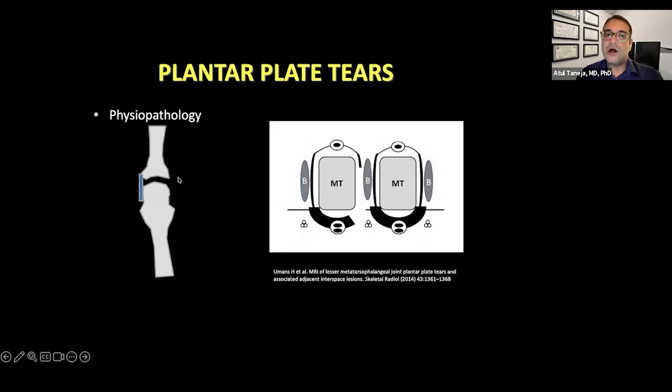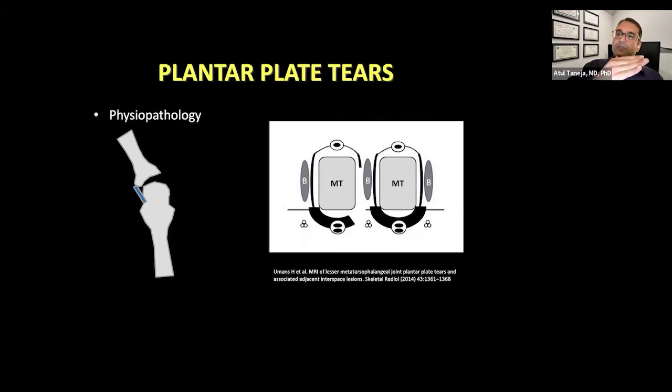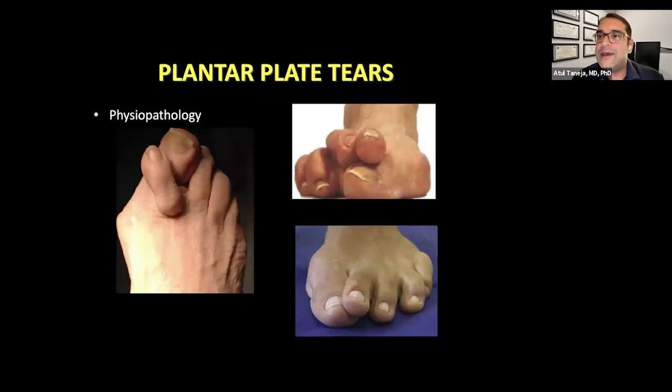So we had lost the lateral support and the plantar support, but the medial interosseous tendon is still attached. What's it going to do over time? It's going to deviate the proximal phalanx to the medial aspect, and that's where we have the classic so-called crossover toe deformity. In this case, we see exactly like the illustration I showed you.